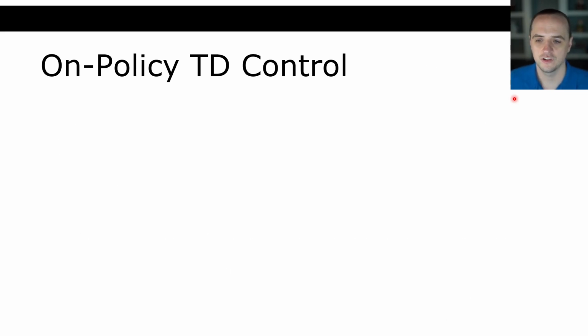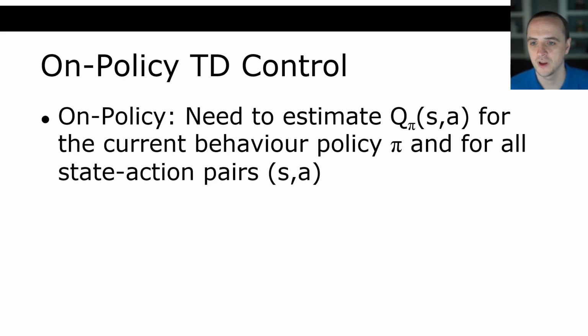Okay? So on-policy TD control is just like on-policy Monte Carlo. We're going to need to estimate Q pi, so our state action value estimates for the current behavior policy pi, and for all state action pairs, right? Because in order to say which action we should take, I can't just use the values of the states. I need the values of the state action pairs.